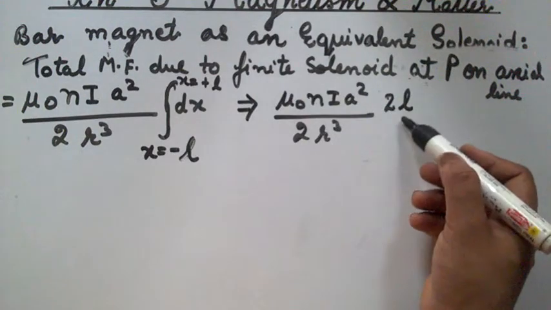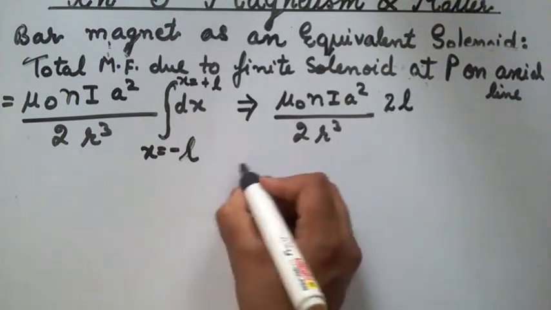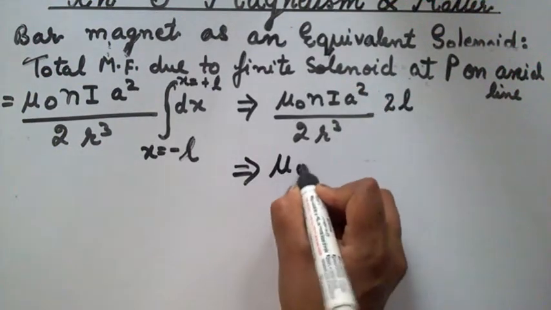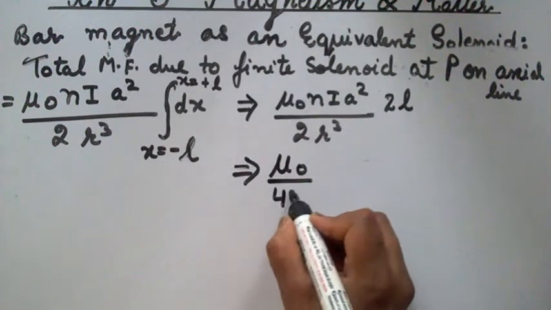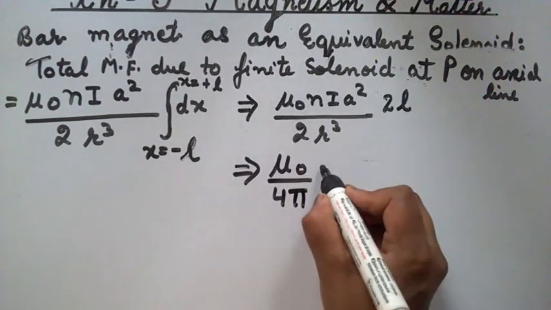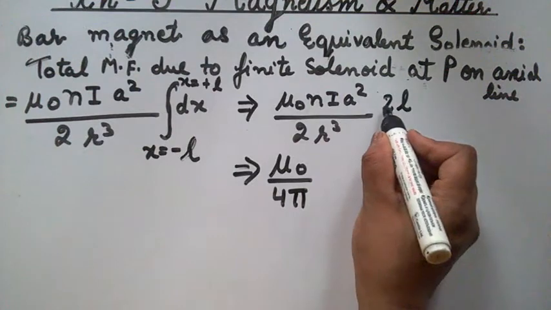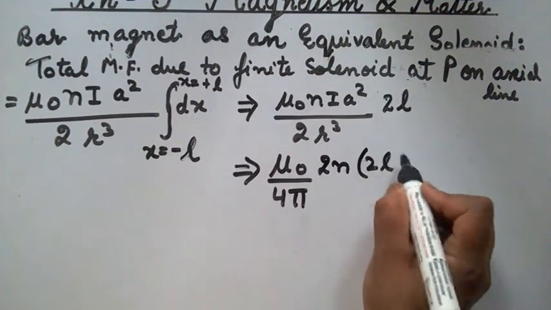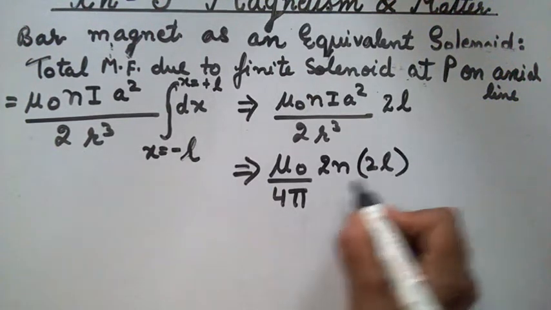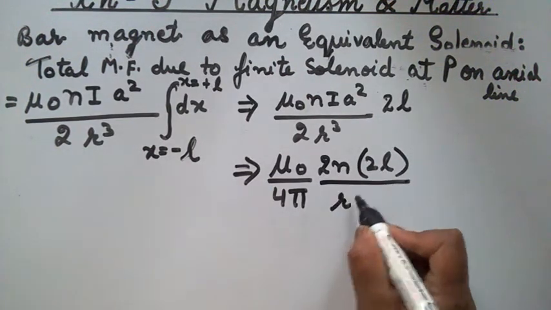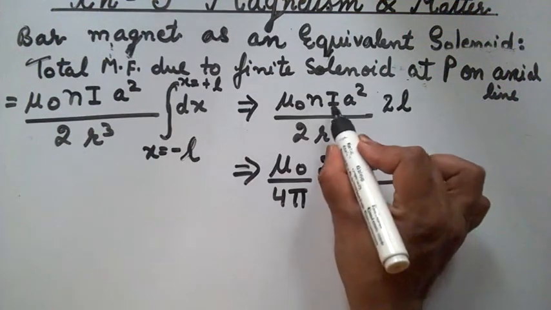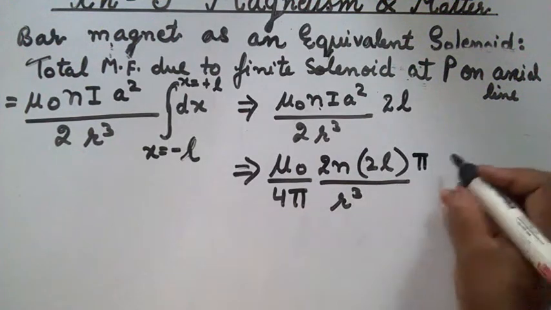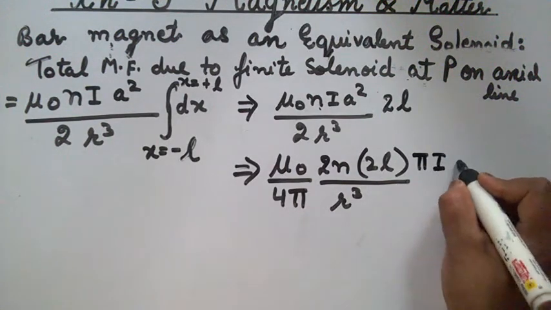Now multiply and divide by 2 pi, we get mu naught by 4 pi into 2 n into 2L by r cube, into pi I a square.